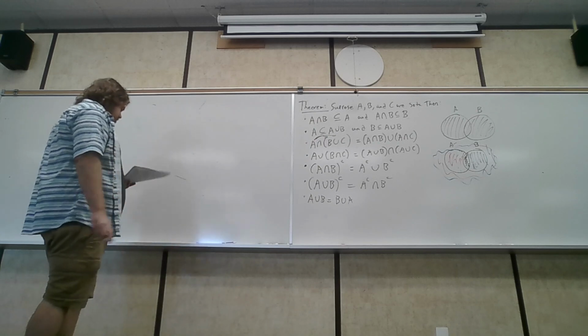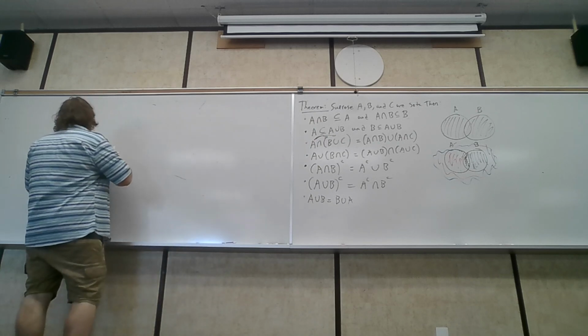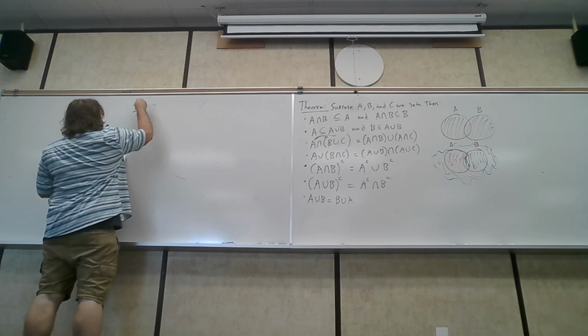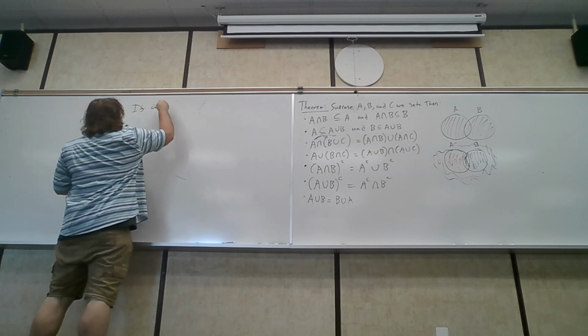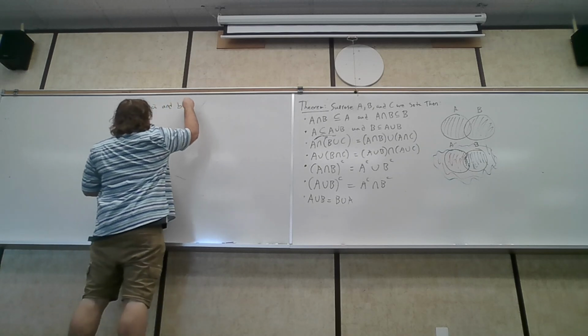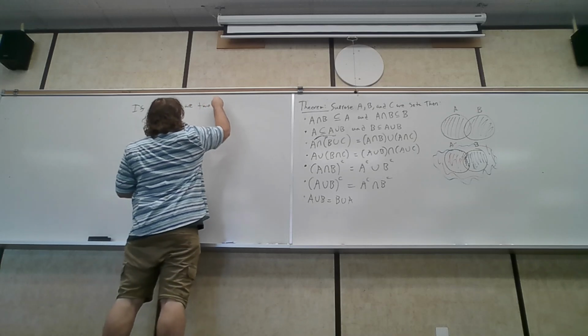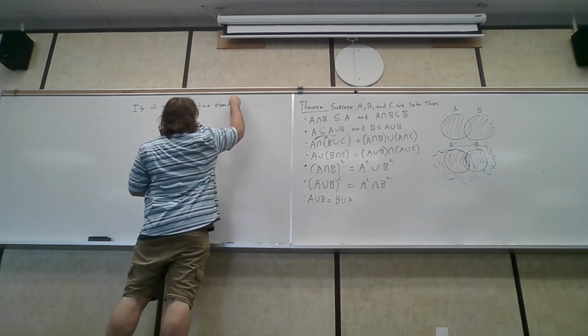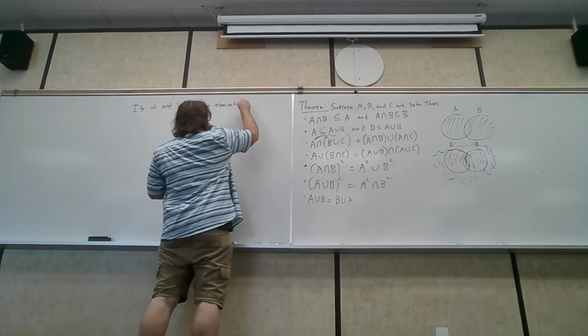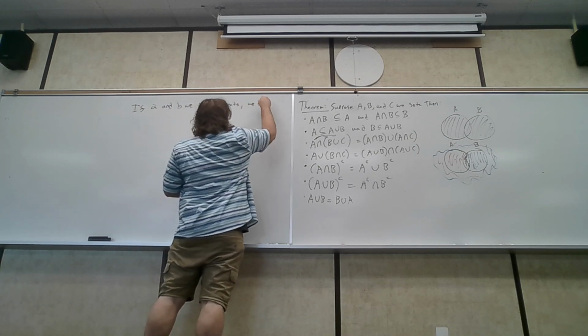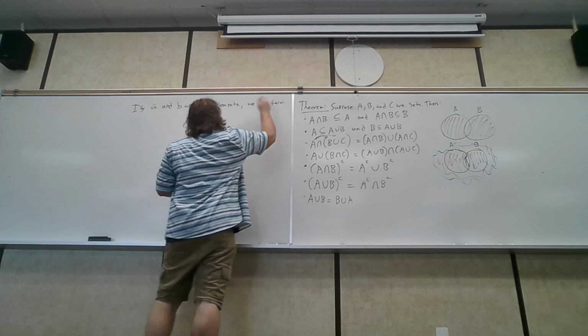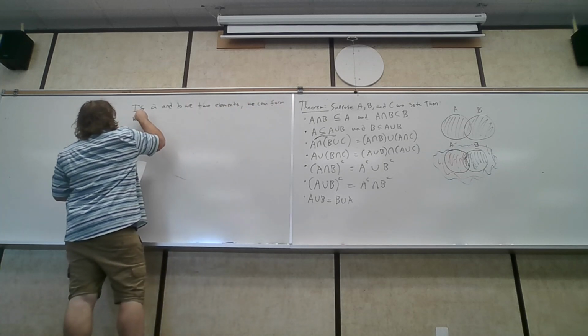Okay, so one thing I want to talk about is if little a and little b are two elements, we can form what's called an ordered pair.